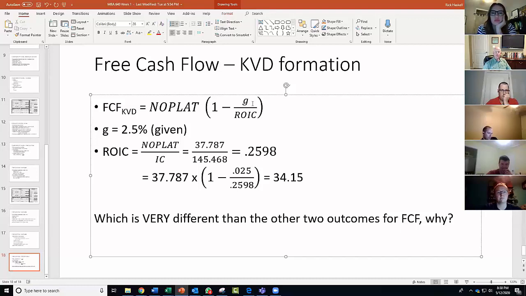So growth of 2.5% divided by return on invested capital, 26%. We take that, subtract it from 1, and multiply that by NOPLAT, and it gives us this much different number. Well, the issue must be in the dynamics of g and ROIC. And I'll help you see that more clearly next week.